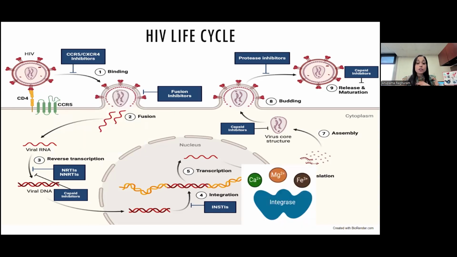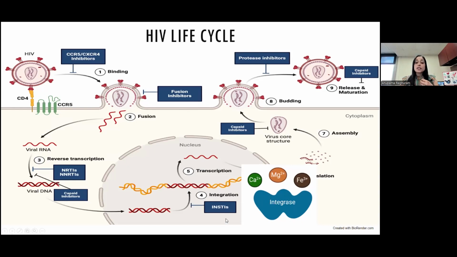Now, if we move along to the integrase inhibitors, so essentially we talked about the integrase enzyme snipping this part to allow the viral DNA to be integrated into the host cell DNA, right? Now, this integrase enzyme has certain metals or ions as part of its structure, things that we're familiar with: calcium, magnesium, iron.